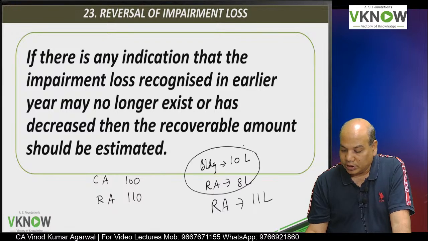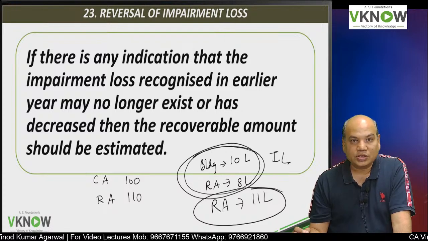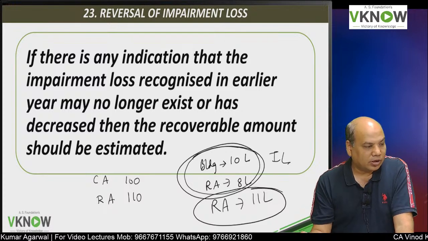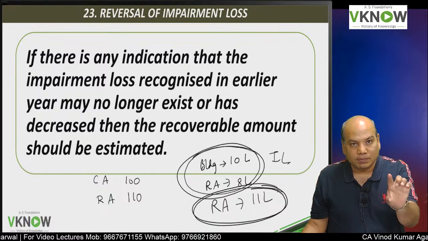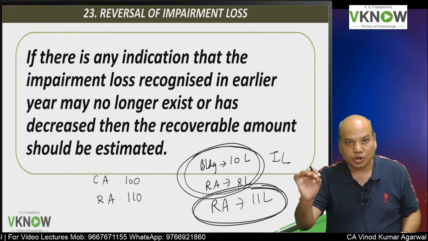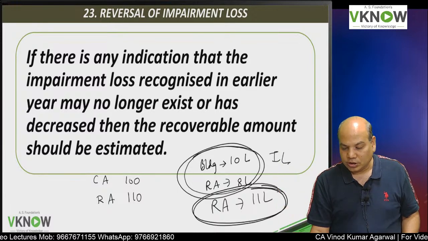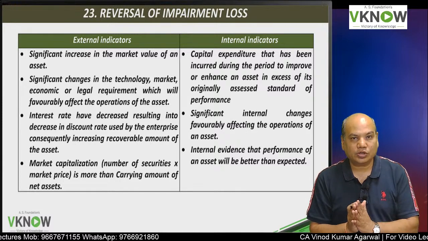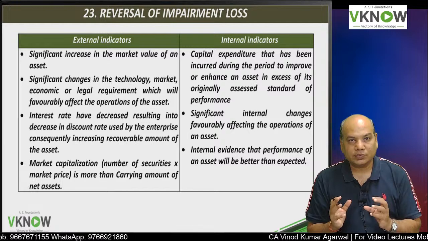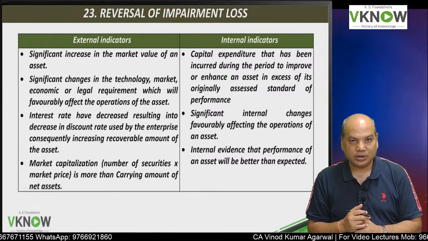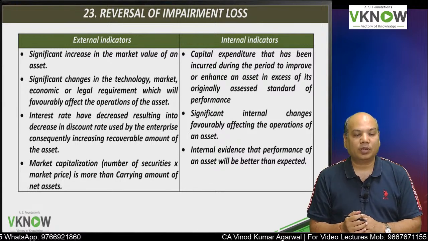So earlier you might have provided for impairment loss. Now the indications are that its recoverable amount has gone up. Does this standard allow you to reverse the impairment loss? The answer is yes, subject to certain conditions. But first you have to search for indication of impairment.